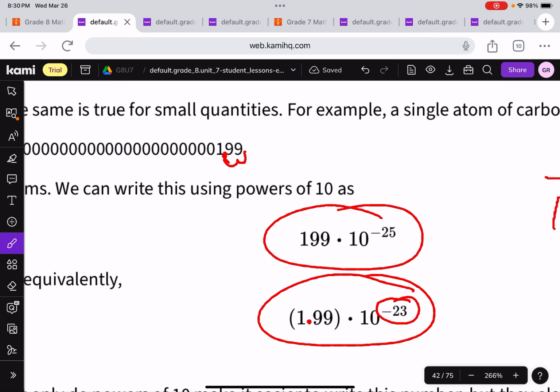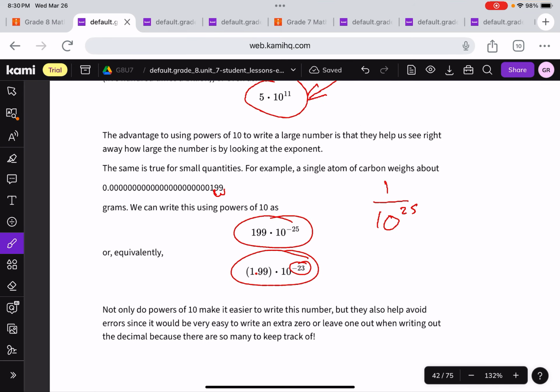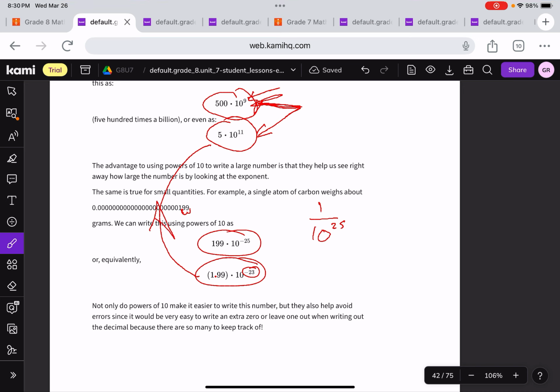Now, why are they doing it 2 different ways? Well, not to let the cat out of the bag, but these two, the last ones that they mentioned, are what we call scientific notation. We don't need to know this yet because we won't be there for a couple lessons.